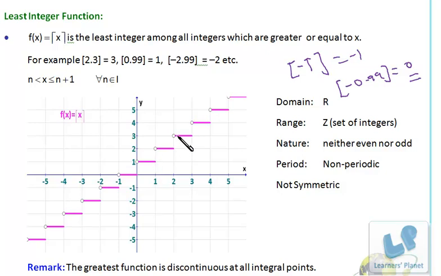Okay, so we have discussed two functions, that is greatest integer function and least integer function. I just write greatest integer. In the case of greatest integer function, it will be 2. In the case of least integer function, it will be 3. So that is precisely the difference. Okay.